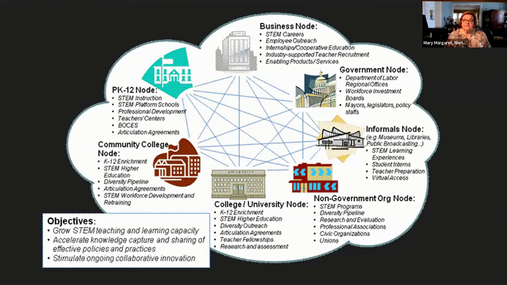So this model is somewhat different. And again, it's not a square and it's not a spider, it's a bubble or maybe a cloud. But we like the cloud because it reminds us that we really are shooting for lofty goals and shooting for connections. And with that, I'll turn it over to Beth.